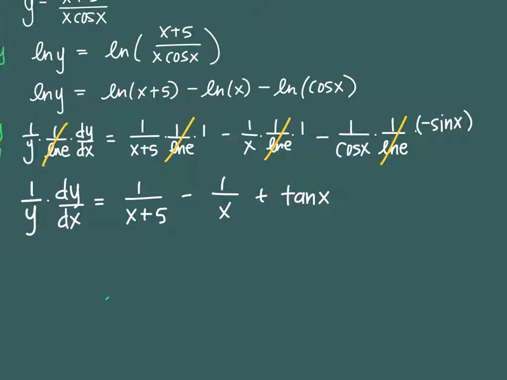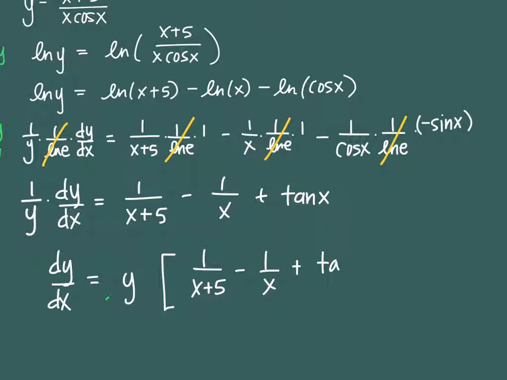And I'm looking for dy dx, so I just need to get it alone by multiplying by y. So dy dx is y times (1 over (x plus 5) minus 1 over x plus tan x). And you'll be glad to know you don't need a common denominator.